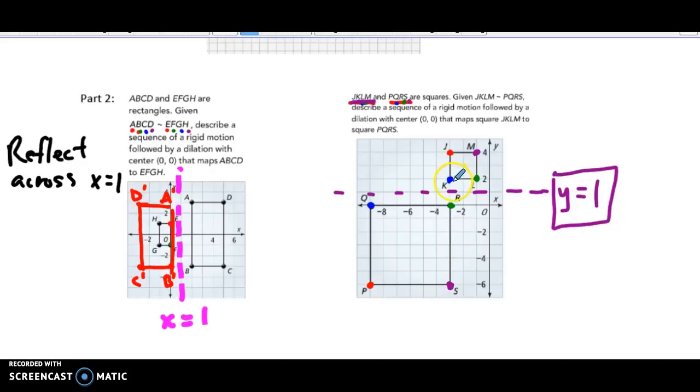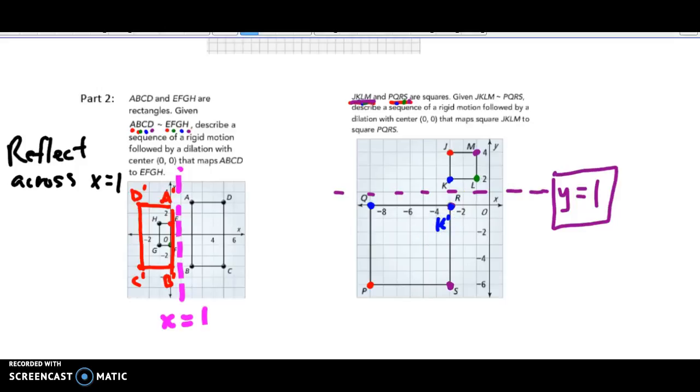So if point K is 1 unit away from the line of reflection, if it's 1 above, then it's going to reflect to 1 below. So that's going to be, why is this not going blue? There we go. So that's going to be K prime right there.